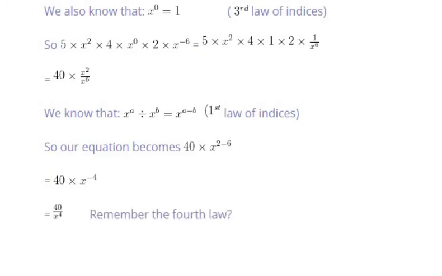If you remember the fourth law of indices, we say x raised to the power minus a is equal to 1 over x raised to the power a. So this x raised to the power minus 4 becomes 1 over x raised to the power 4. So it will be 40 divided by x raised to the power 4, and that is your answer.